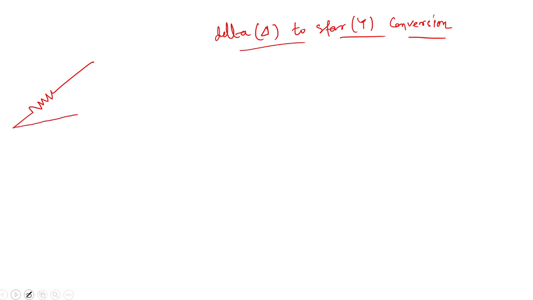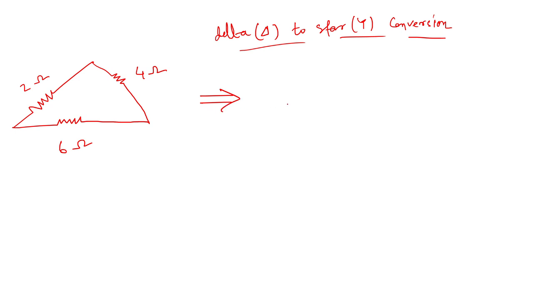Suppose this is delta. Suppose this is 2 ohm, this is 4 ohm, this is 6 ohm. I need to find its equivalent star.